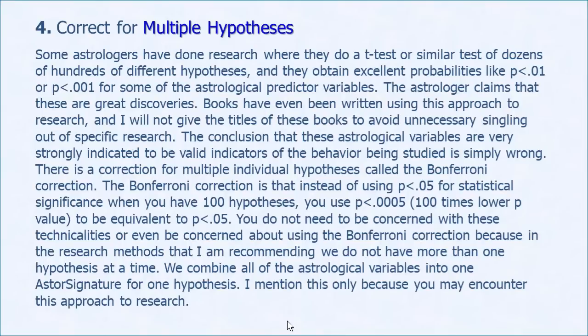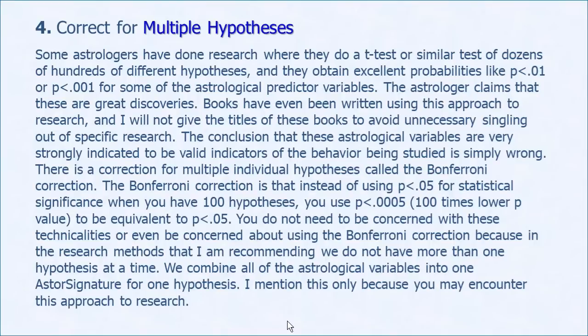Now, let me just mention a few more little things here, just because these things might come up. These are not things that you should be doing. But if you hear about somebody running each individual astrological predictor separately, so they look to see if Moon square Uranus shows up more for people with ADHD, or Mercury square Uranus, and they do each one of these individually, and then they show you what the p-values are for each one, and they will look impressive, because the more things you have in your list, the better the p-values are.